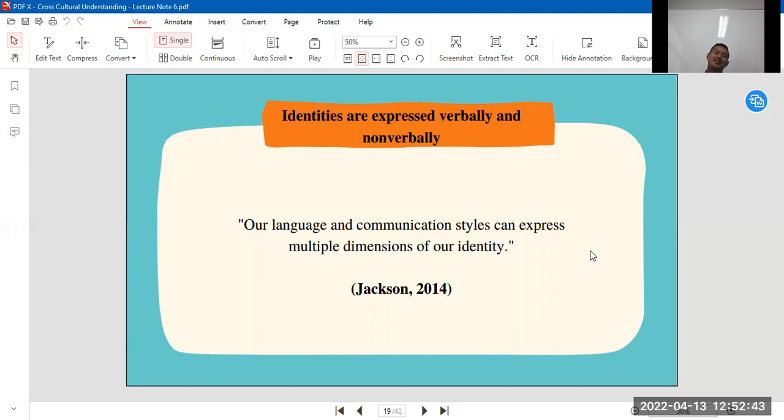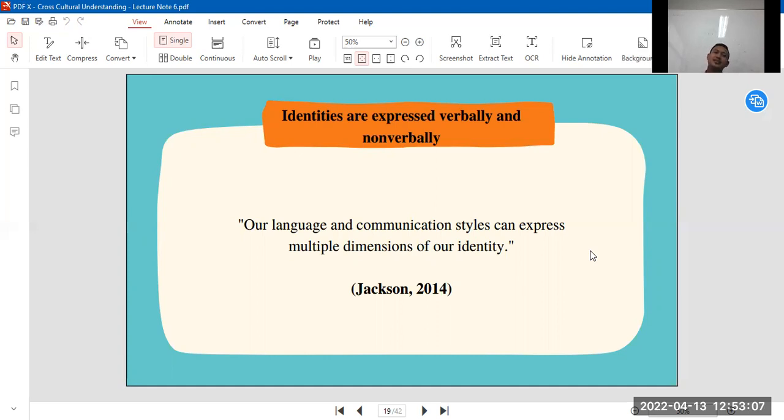We have certain traditional behavior, traditional clothes, traditional ceremony. Those things communicate aspects of our identities.